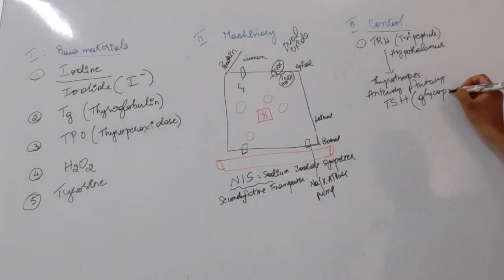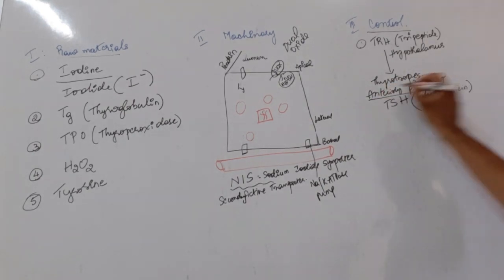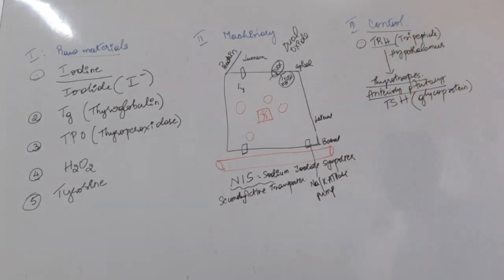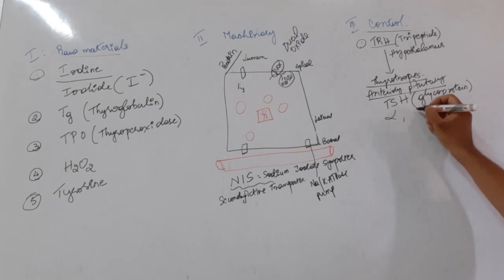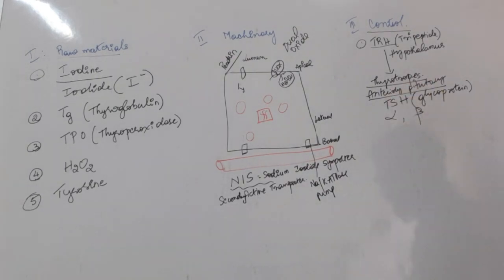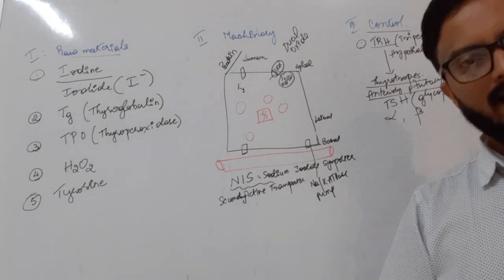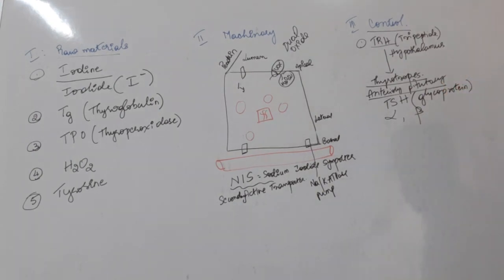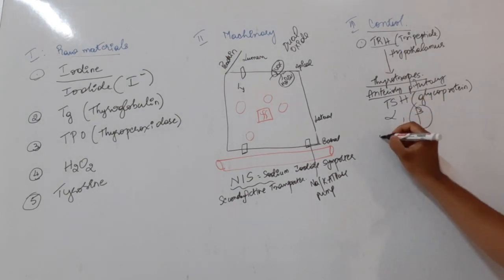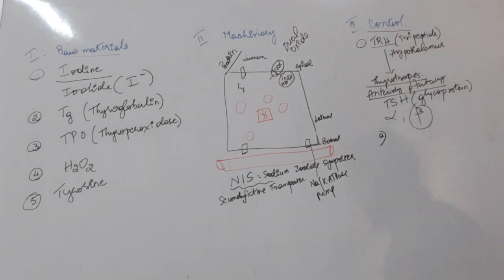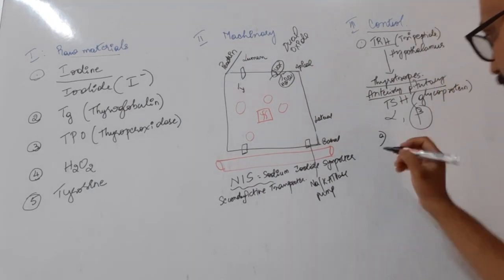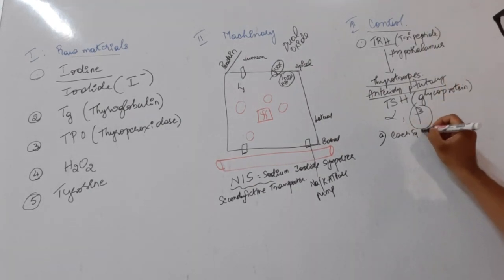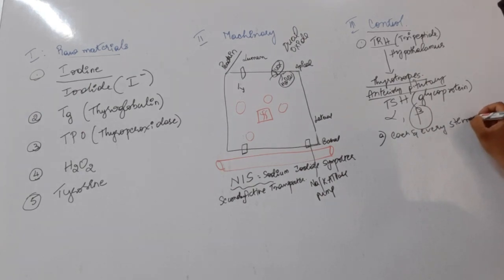TSH is a glycoprotein produced in the anterior pituitary by thyrotropes under the influence of thyrotropin releasing hormone. It consists of alpha and beta chains, one about 118 amino acids and the other chain 92 amino acids in length. The most important is the beta chain, which is specific for the TSH. Most importantly, the TSH stimulates each and every step in the thyroid hormone production.